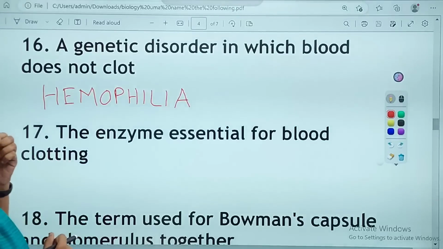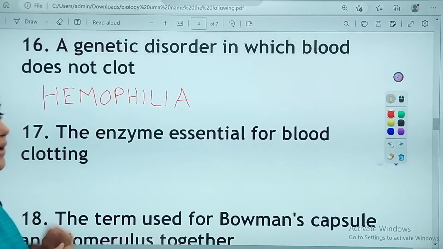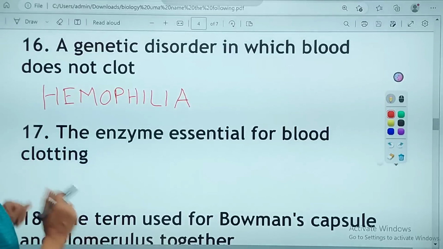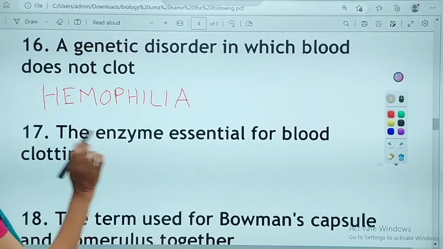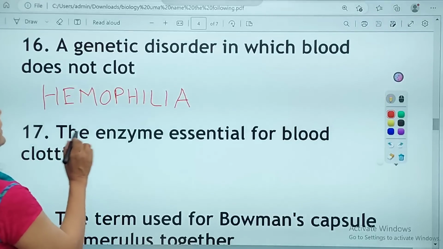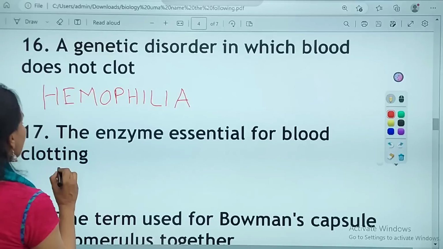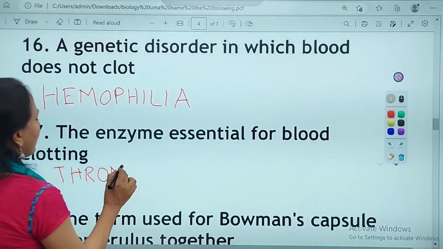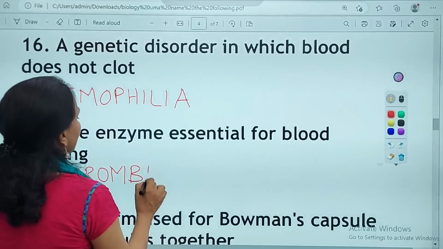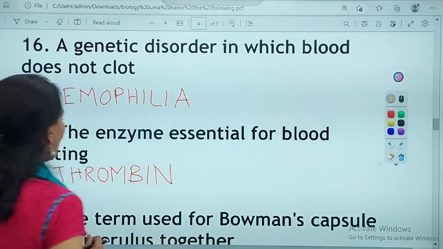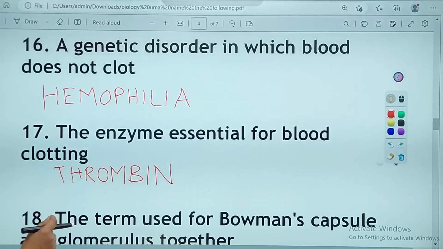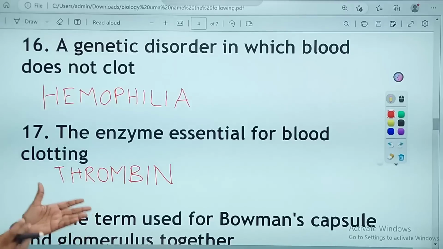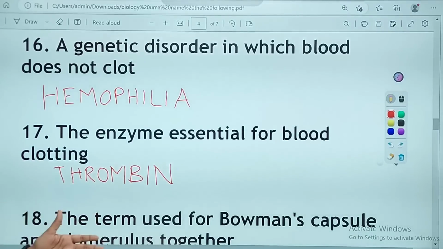And probably the next question, yes, the enzyme essential for blood clotting. Do you know the enzyme that's essential for blood clotting? It's a process that happens. In this case, the answer that you must give is simply that the enzyme essential for blood clotting is thrombin. Thrombin. What happens is that in the presence of calcium, there is something called prothrombin that turns into thrombin, and then that thrombin, again in the presence of calcium, will convert fibrinogen into fibrin.